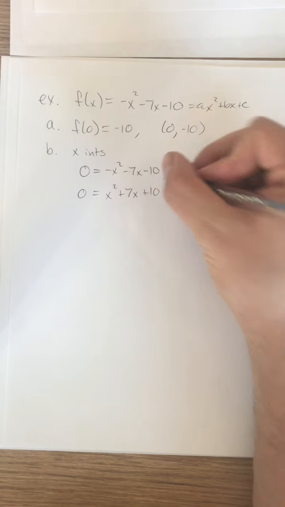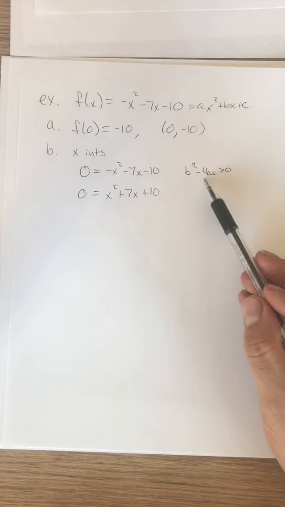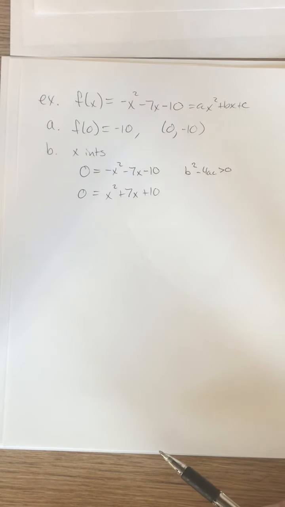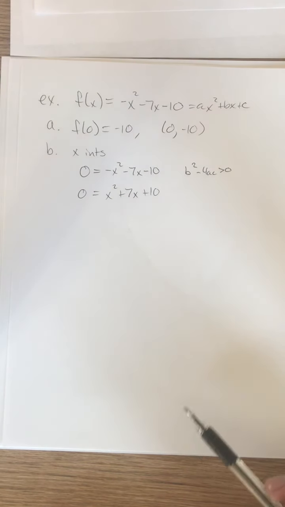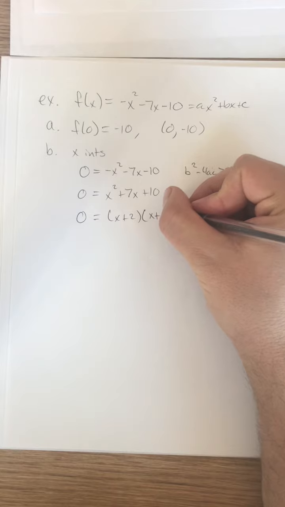So we will have two real number solutions, which means the x-intercepts do exist, and you can just check b squared minus 4ac from the quadratic formula. If this were negative, you'd have a negative under the square root in the quadratic formula. So we have an example here that factors nicely. We don't actually have to use the quadratic formula if we don't want to.